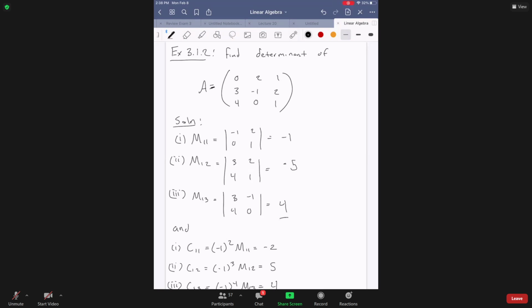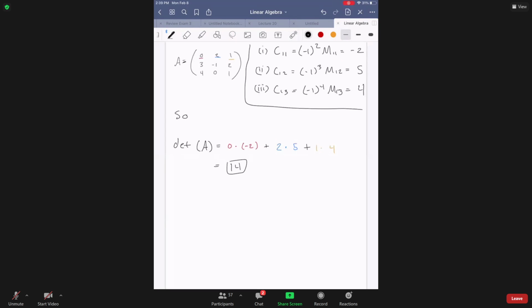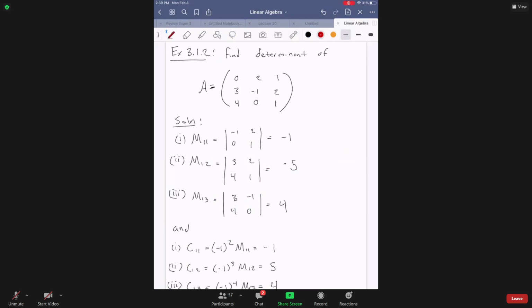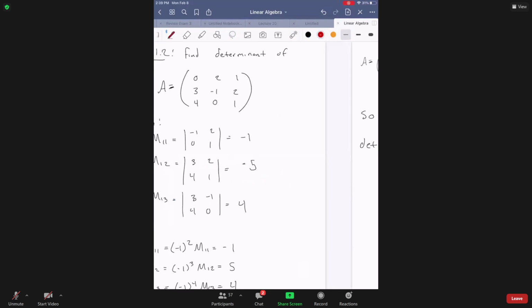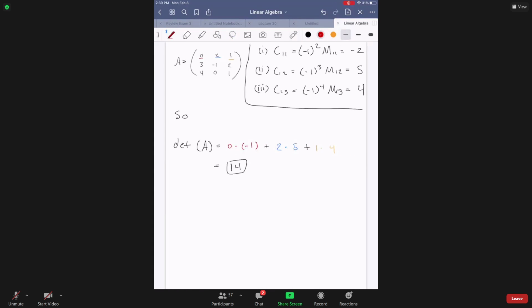So it's -4, so it should be +4. That one's fine. Okay, so in that case, the only thing that changes is this. That one should just be -1. So then this is just -1. Yeah, it still gives the same.